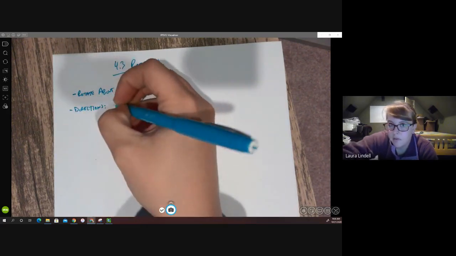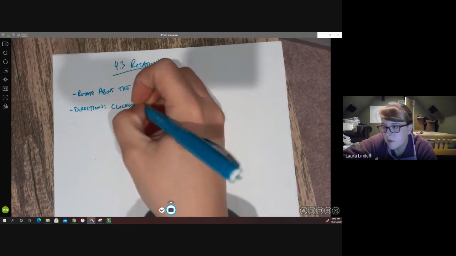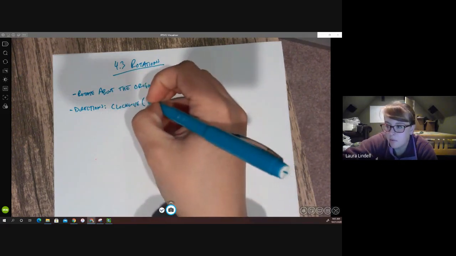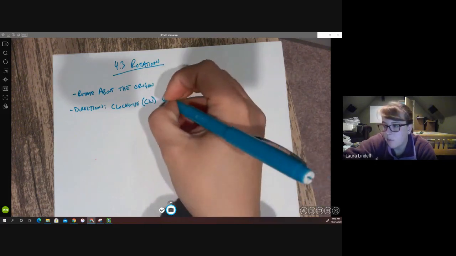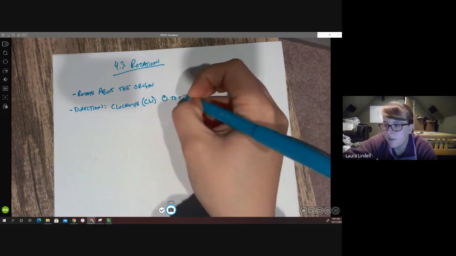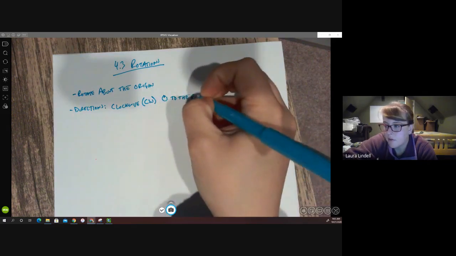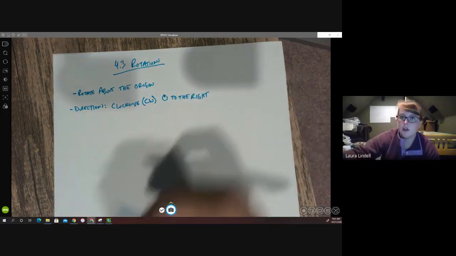So we have clockwise. And sometimes clockwise is abbreviated as CW. And clockwise is that direction, which is to the right, as you guys said. And then we have counterclockwise.